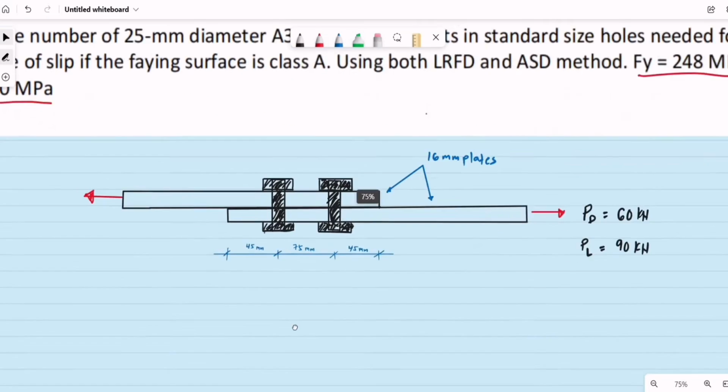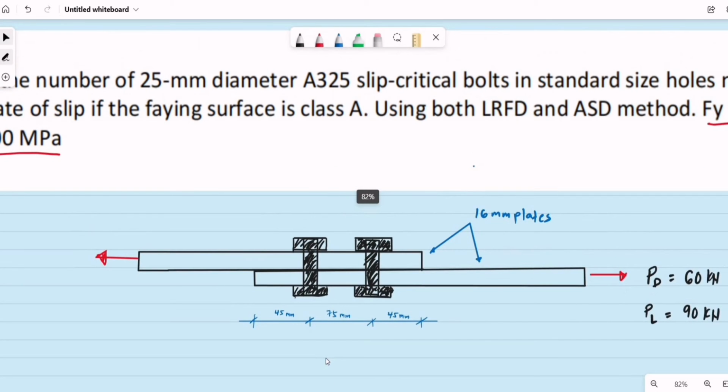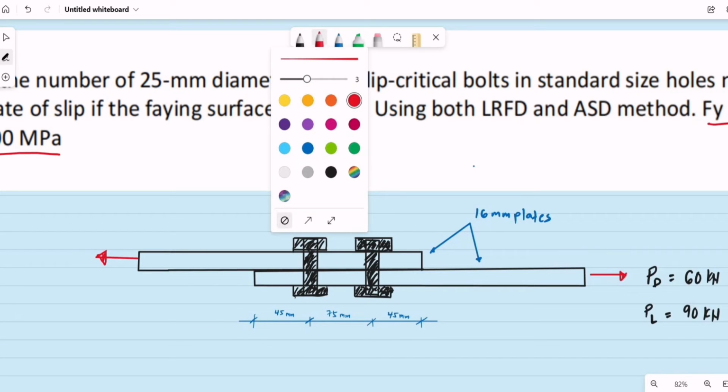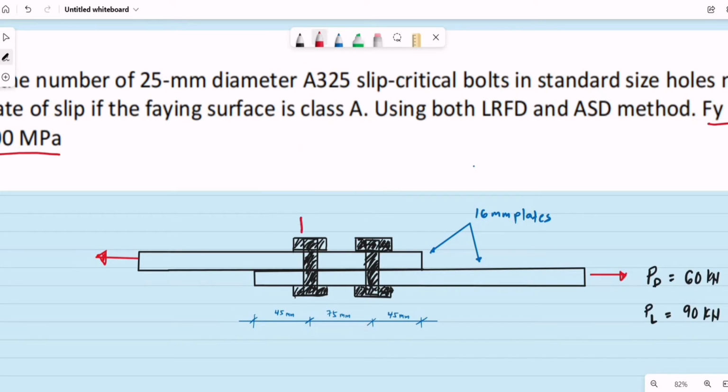So again, if we say slip critical connections, if you're using bolts as our fasteners, we tighten the nuts of the fasteners, and then we put the bolt in tension.